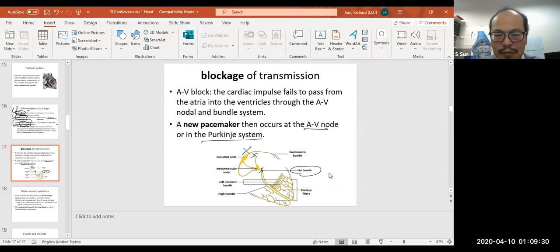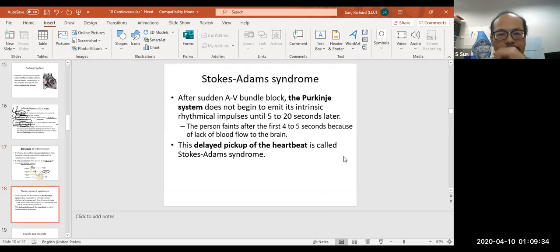They will become a new pacemaker. That is the concept of Stokes-Adams syndrome: if there is a block of the AV, then about 5 to 20 seconds later, Purkinje fibers will take over, and the person can still survive.